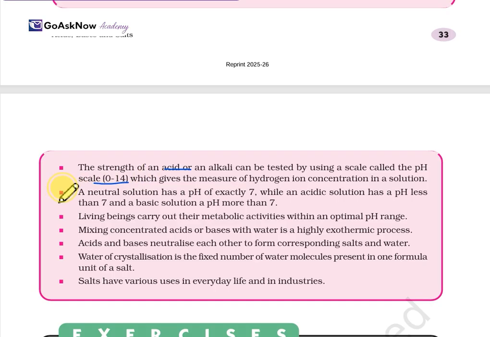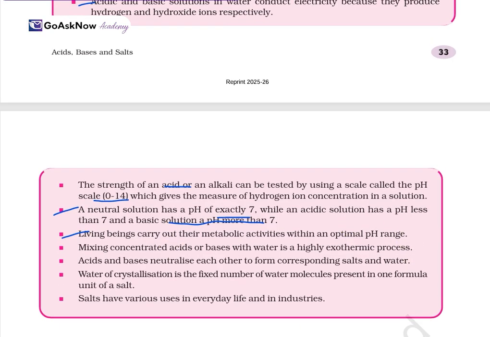A neutral solution has a pH of exactly 7, an acidic solution has a pH less than 7, and a basic solution has a pH more than 7. Living beings carry out their metabolic activity within an optimal pH range.